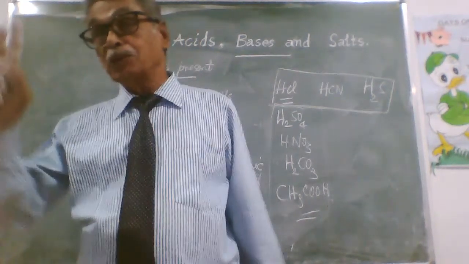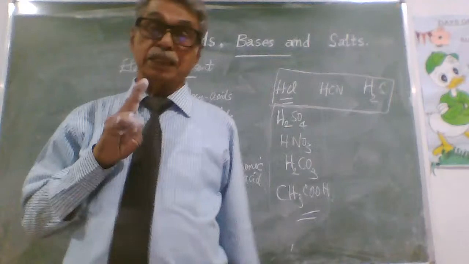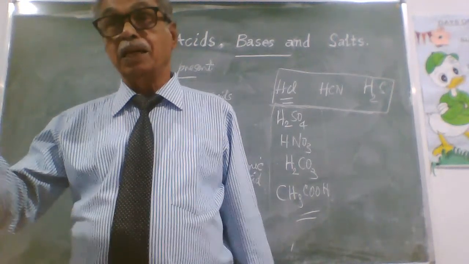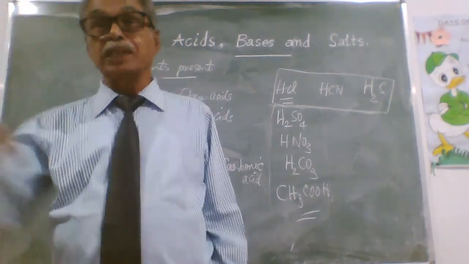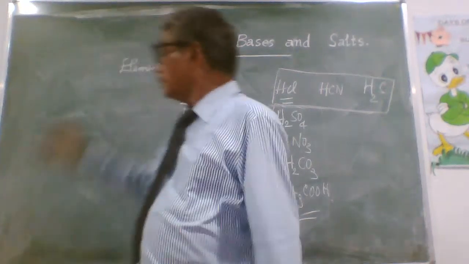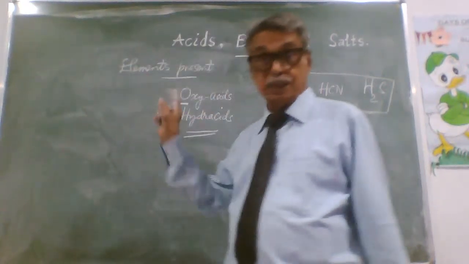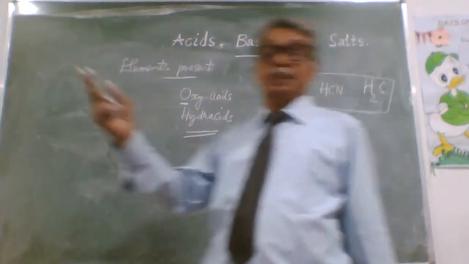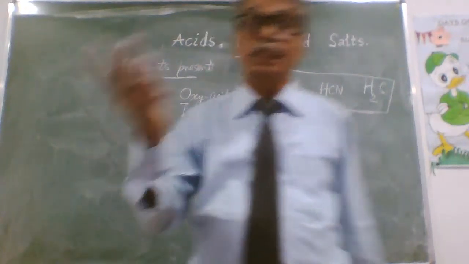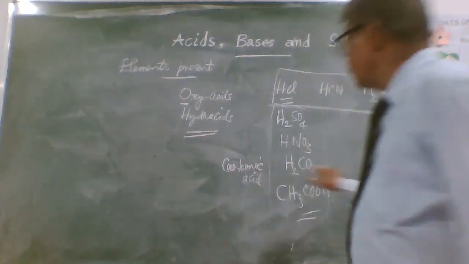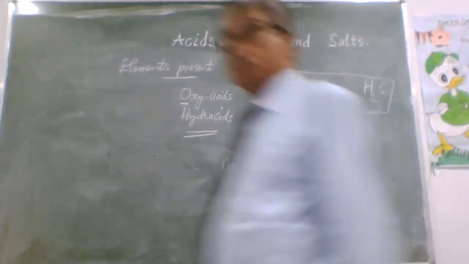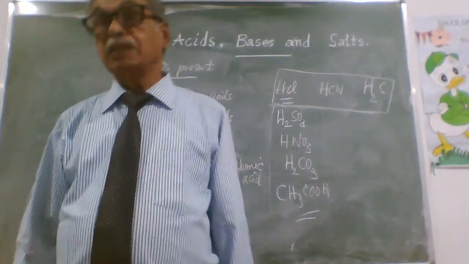If two hydrogen ions can come from an acid, it is dibasic. Three, tribasic. Hydrochloric acid is a monobasic acid. Sulfuric acid is a dibasic acid. Phosphoric acid is a tribasic acid. So these are the different types of acids. This is the first class.